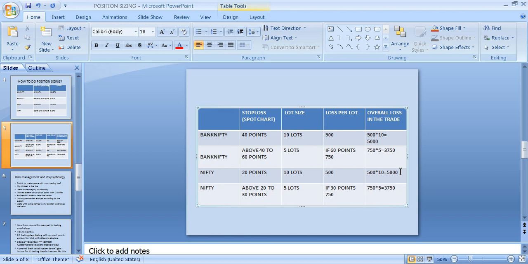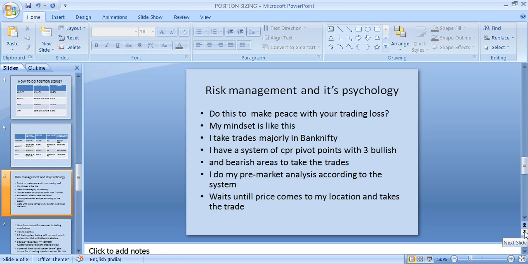Okay, this is the place where the stop loss is 20 to 30 points, above 20 points, my lot size would be 5 lots, and this is the loss I have incurred here. I hope you understand all such things. Now I want to clear an important topic, position sizing. If you don't understand what I am saying, I sincerely request you to go and watch the video once again.